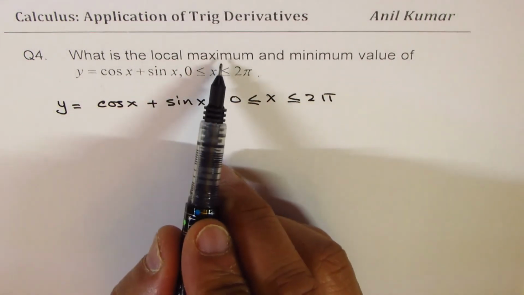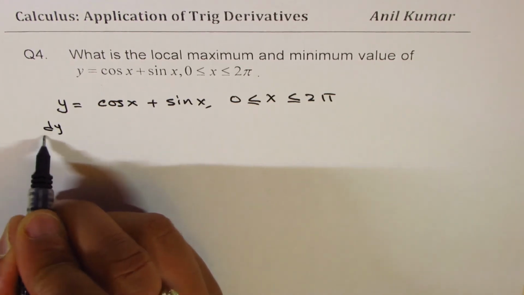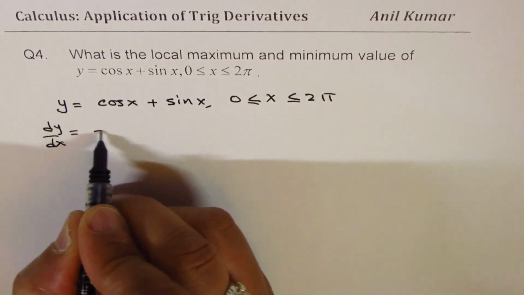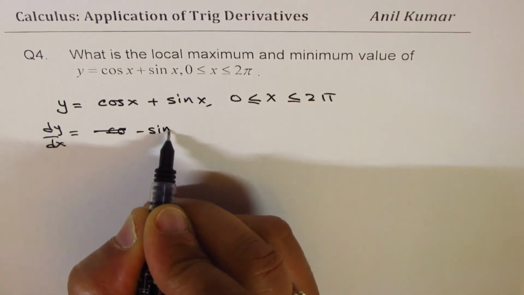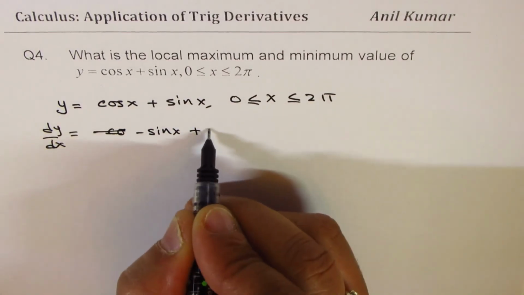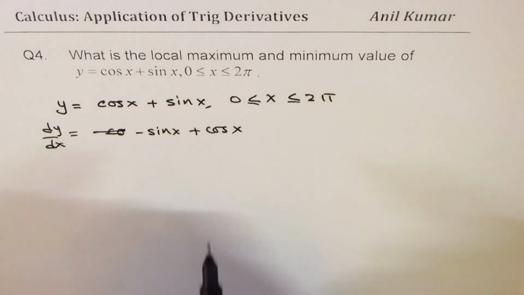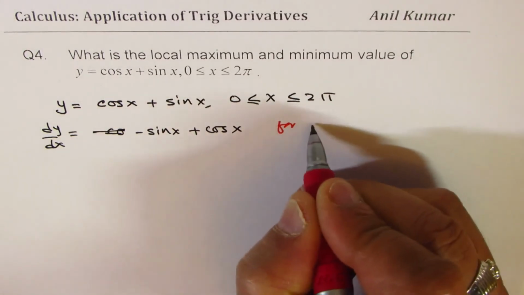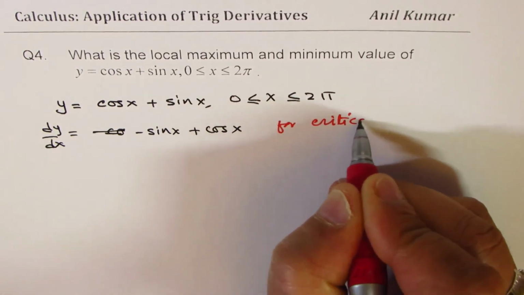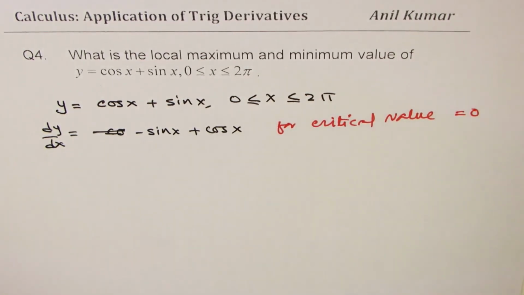We are looking for local maximum and minimum, so we find the derivative. We say dy dx equals minus sine x plus cos x, the derivatives, right? Now, for maximum or minimum, the critical value should be 0.